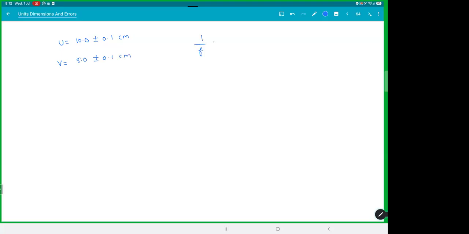So we want to find the value of f. So 1 by f is 1 by u plus 1 by v. That's 1 by 10 plus 1 by 5. That's 3 by 10. So f is 10 by 3. Great. So df will be f square times du by u square plus dv by v square. Substitute here.